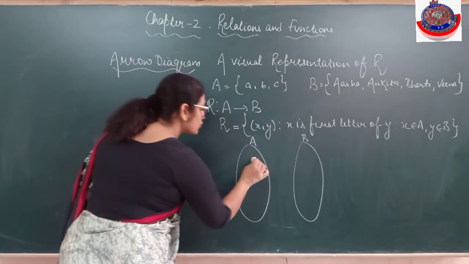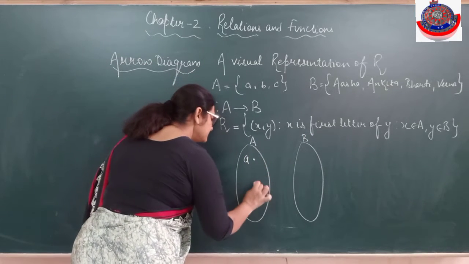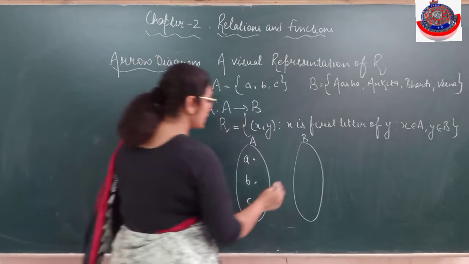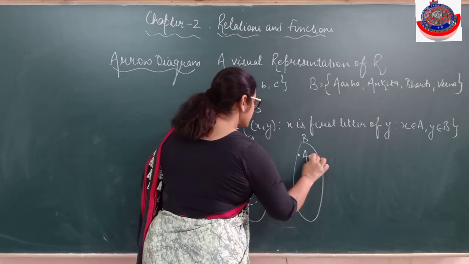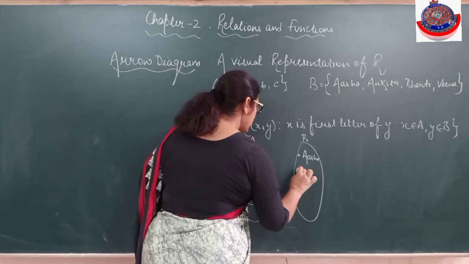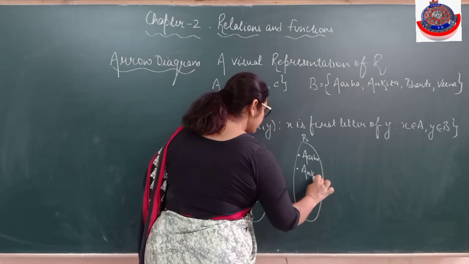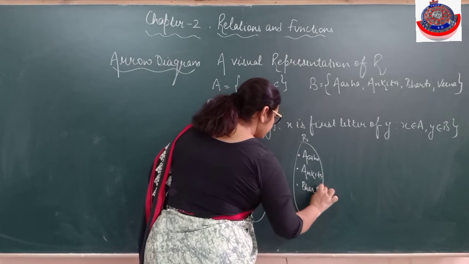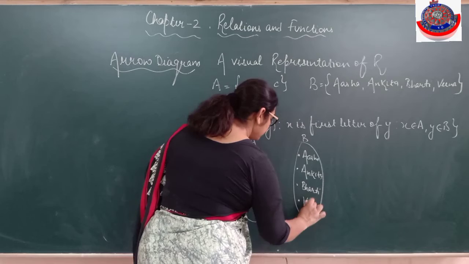A के elements को यहाँ लिखो कैसे? A, B, C. Here I have Asha, I have Ankita, I have Bharti, I have Veena.